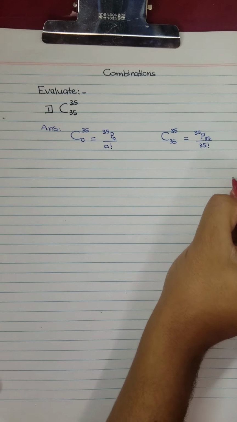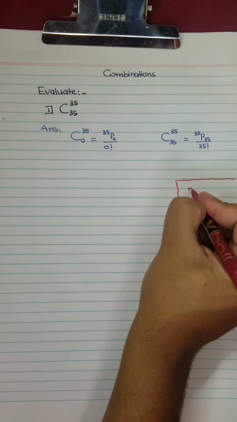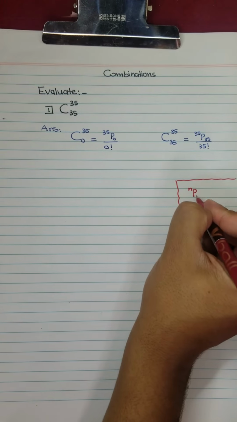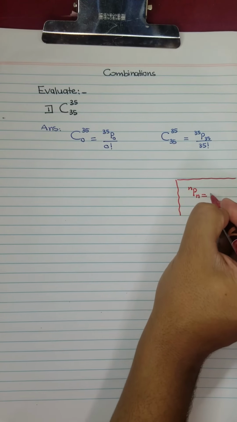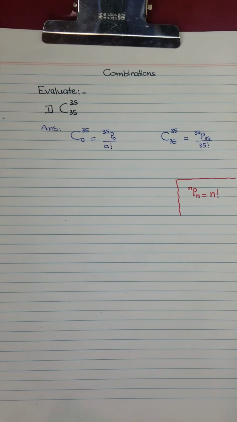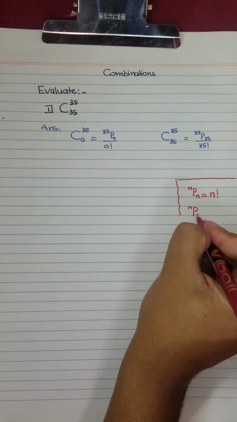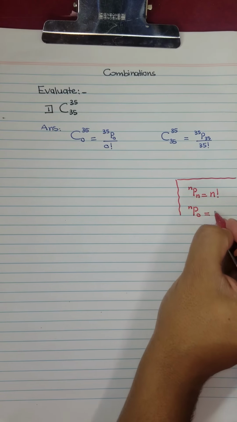From the previous lesson of permutations, let's just remind you a little bit here. We've learned that n permutation n is actually equal to n factorial. And we have already also learned that n permutation 0 is actually equal to 1.